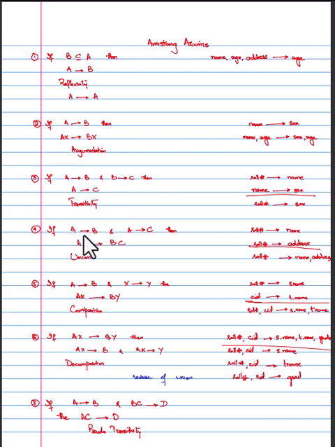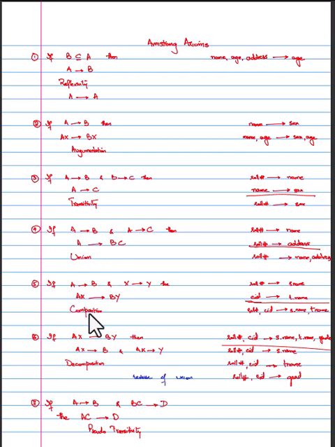If A identifies B and A also identifies C, this means A identifies both B and C. So we can write A identifies BC. This property is called the union property. Suppose student ID identifies name and also student ID identifies address. So this means student ID identifies both student name and address together.